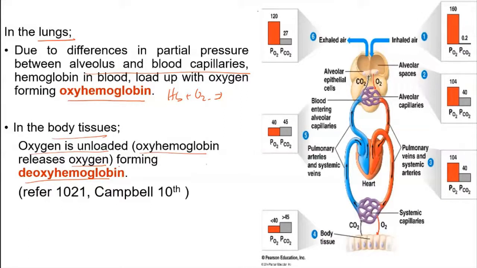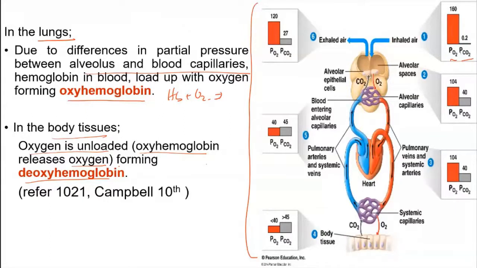So in the body tissues, oxygen is unloaded from oxyhemoglobin, releasing oxygen to form deoxyhemoglobin. This diagram shows you the difference in partial pressure of oxygen and also carbon dioxide in different parts of your body. Later, after this lecture, you do your revision quietly, and compare the partial pressure of oxygen and also carbon dioxide in these different parts of the body, so that you will know the movement, the diffusion of oxygen and carbon dioxide.